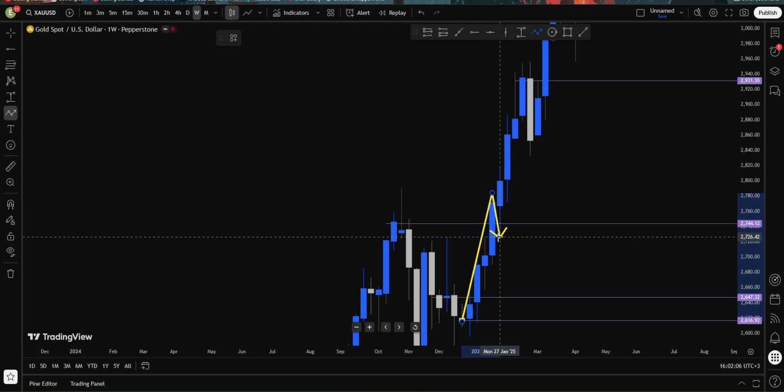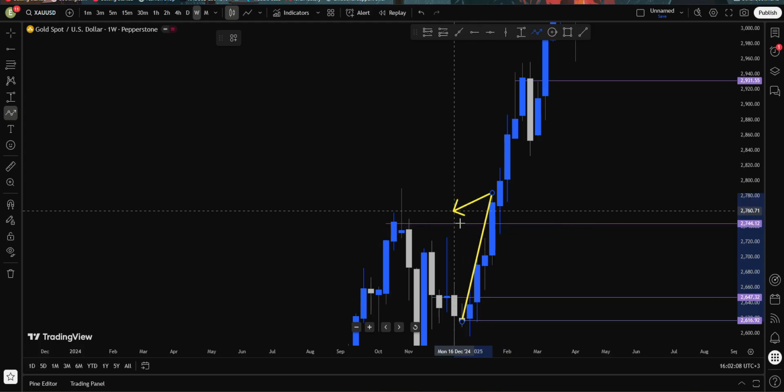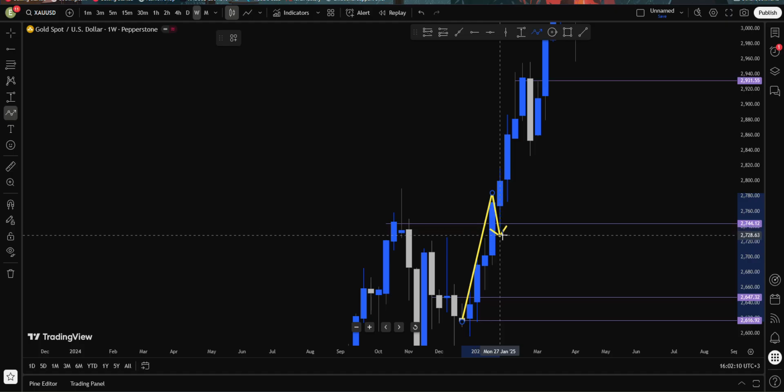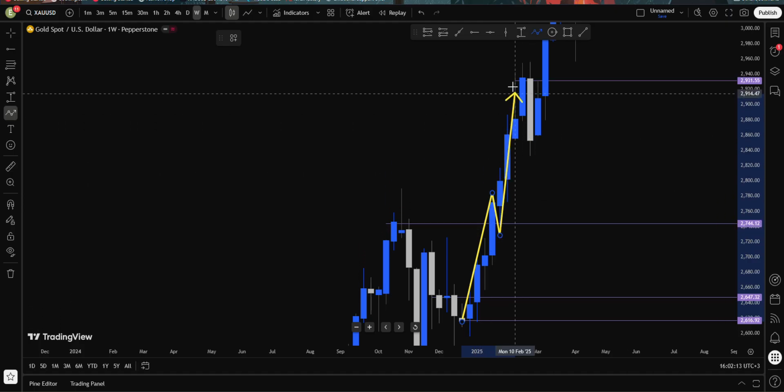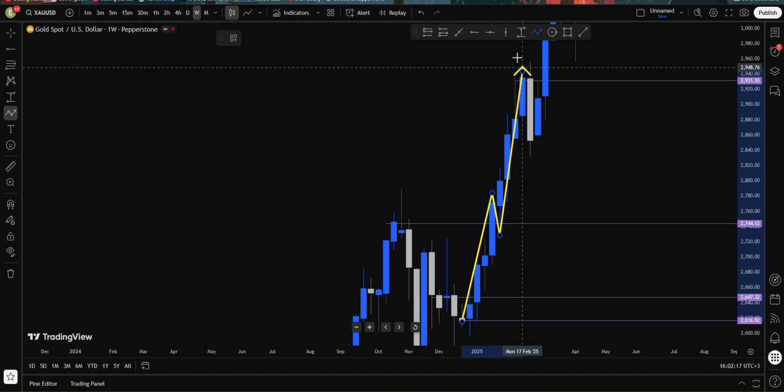It broke here, came back, and retested our region. It moved up and formed what is now our resistance zone. The market moved up to here, came back to our resistance zone, and it pushed the market up to here. Since the overall momentum was bullish, this was just a retracement to push the market further up.